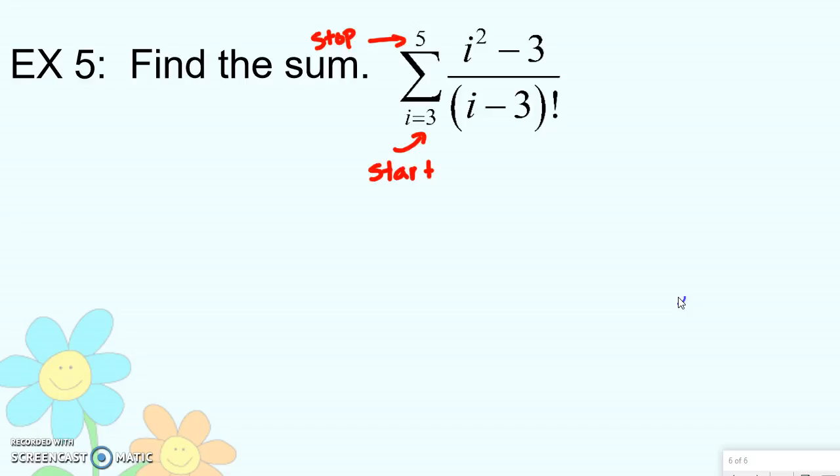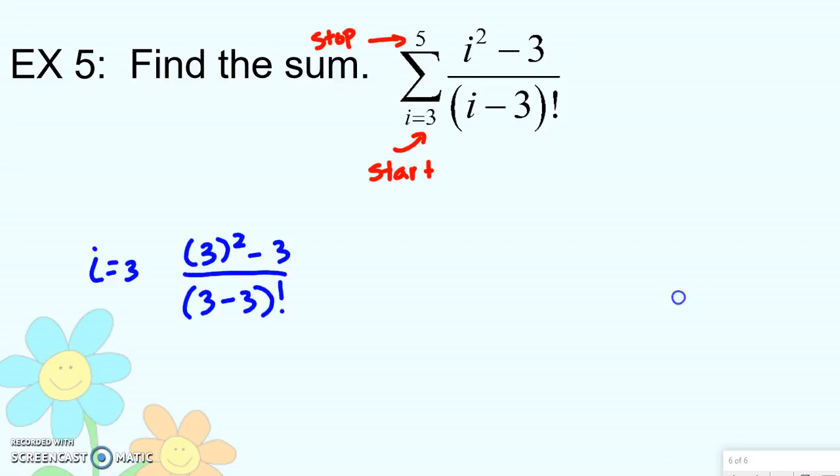Okay, so where I is 3, that's going to be 3 squared minus 3 over 3 minus 3 factorial. Okay, so 9 minus 3 is 6. 3 minus 3 is 0. 0 factorial is defined as 1.